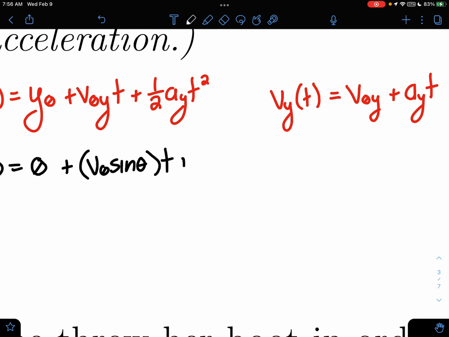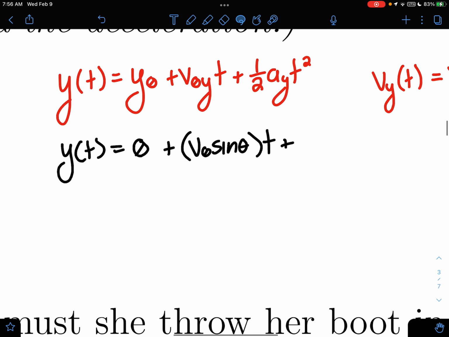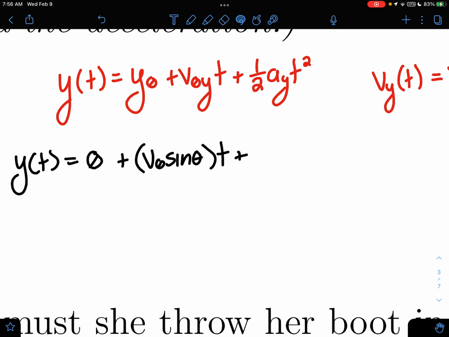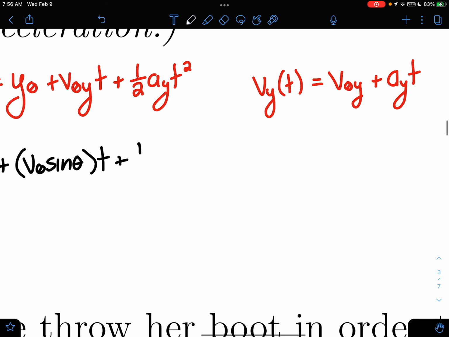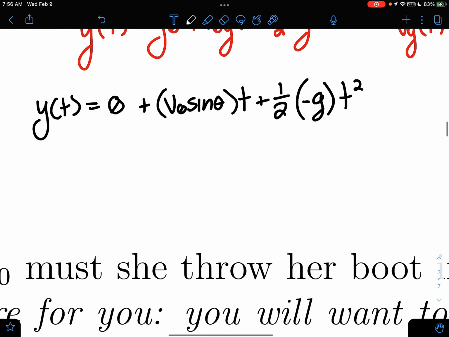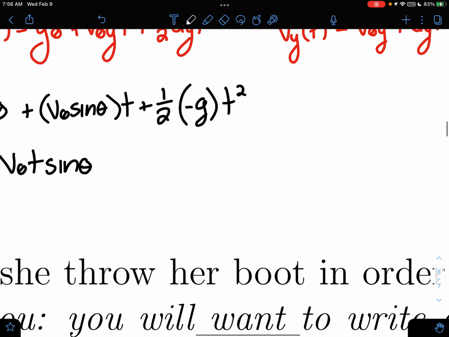Times time, plus, and then our acceleration in y, because we have gravity, and we have 1/2. And since I said down is going to be negative, this is going to be a negative g t squared, right? Now just simplifying that, y of t is v naught, and then I'm just going to move the t in front again, just for my ease of reading.